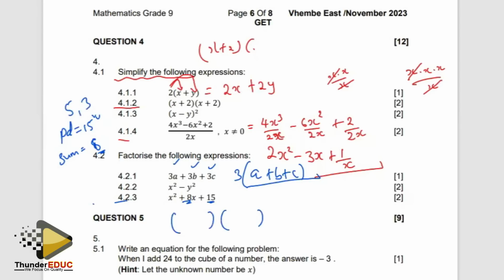So what we do, it will be x plus a 3 and then x plus a 5. When we open these 2 brackets, we shall go back there. Remember the rule, you start with a product. Which numbers do we multiply to give us 15? There are a lot of numbers. But then from those numbers, which ones do we add to give us 8? Then we get 3 and 5.